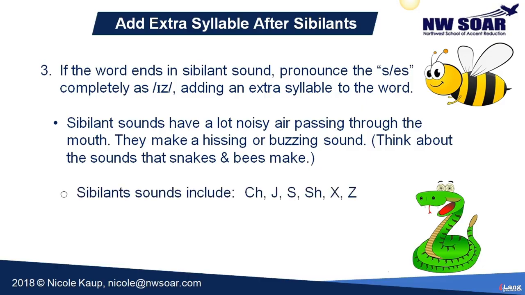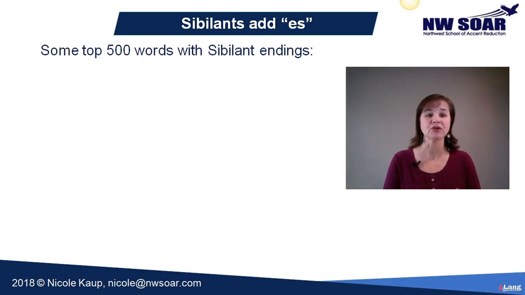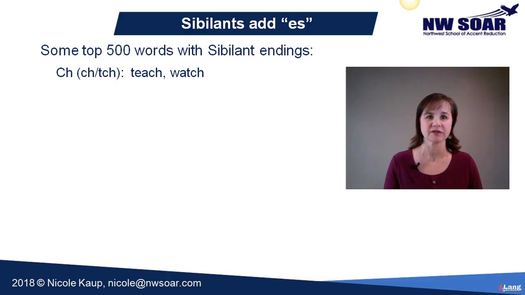Sibilant sounds include ch, j, s, sh, x, z. The spellings for these sounds may vary, however. I'll go ahead and show you on our next slide. So some top 500 words that have sibilant endings are ending in a CH. Your spelling can be CH or TCH. So teach will sound like teaches.